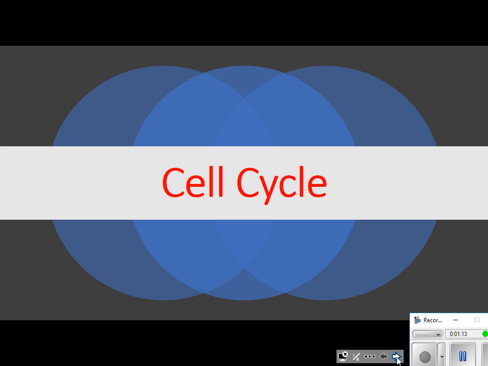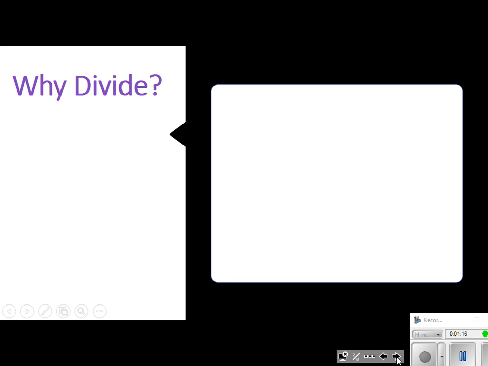So, why divide? One of the big things that the cell cycle deals with is division. Why would a cell need to divide?